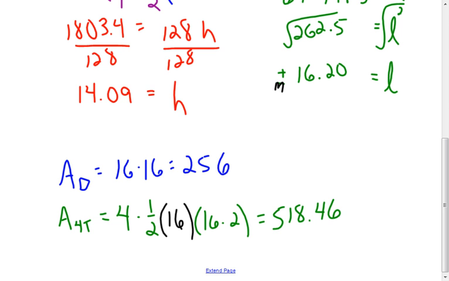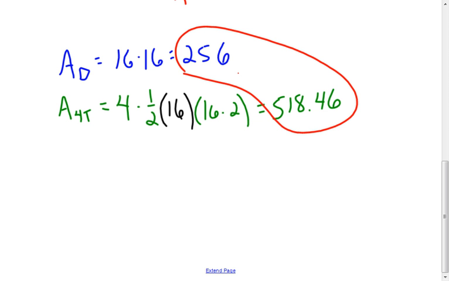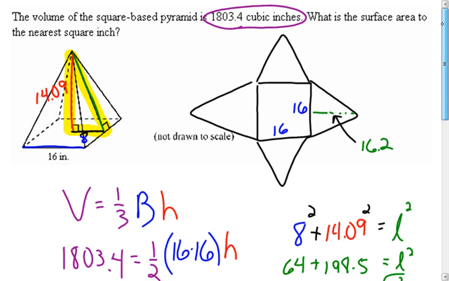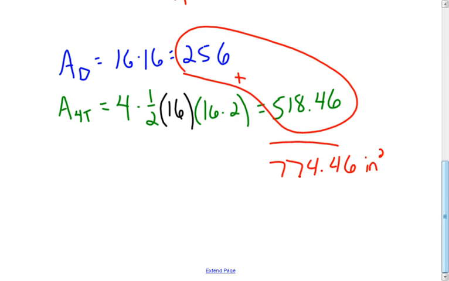Now remember, that's for all 4 triangles. So then to get the total surface area, I need to add these 2 numbers together. So add that, and I end up with a grand total of 774.46. And I don't remember what the label was, so I'm going to come back up here and look. Everything was in terms of inches, so this would be, now remember, inches squared.